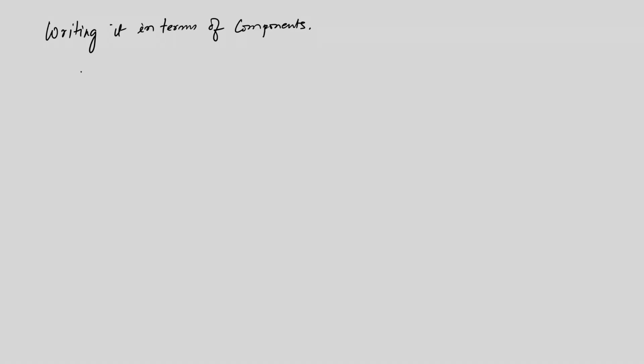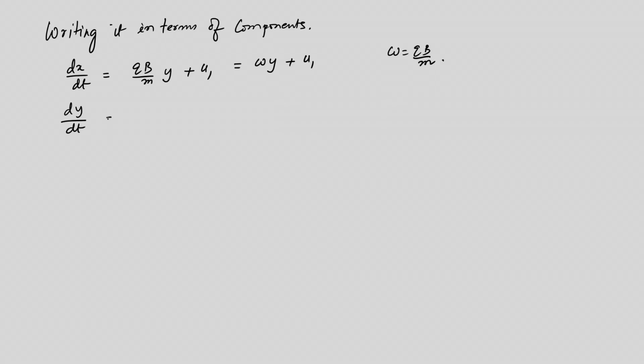So, this is dx/dt, this is equal to qB over m times (y plus u1/omega), this is equal to omega y plus u1, because qB over m is equal to omega, given that omega equal to qB over m. dy/dt, you have to do this carefully, equals minus qB over m x, equal to minus omega x.